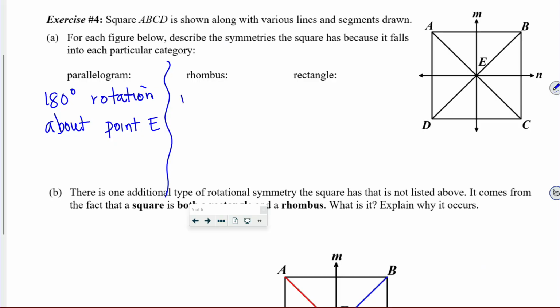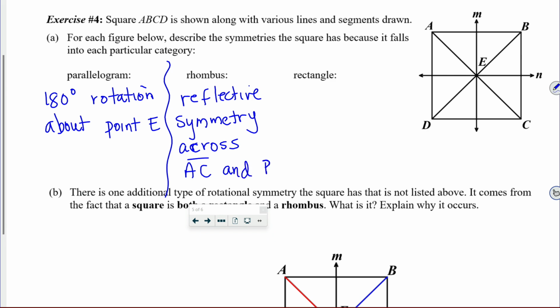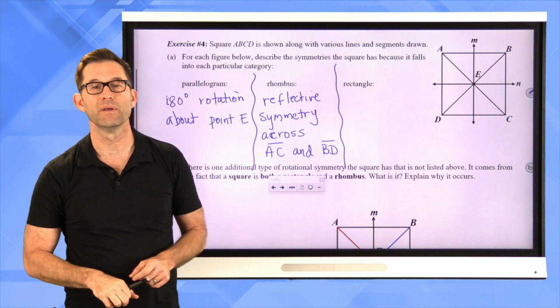Now, because it's a rhombus, I know the diagonals are perpendicular bisectors of each other. So this would be reflective symmetry. And you could say reflective symmetry across its diagonals, or I'll actually name them here since they are labeled, across AC and BD. So we get reflective symmetry across AC and BD.